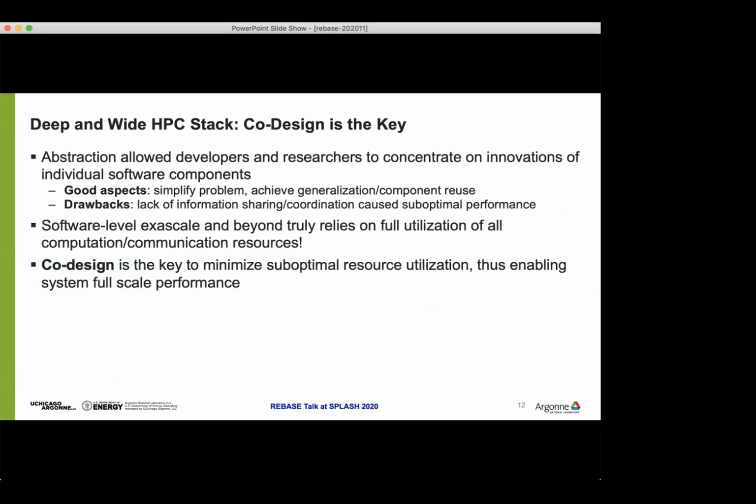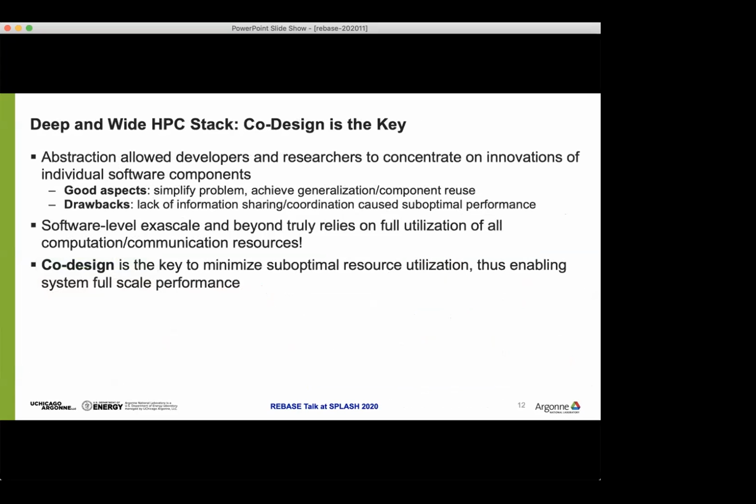So I just posted a few examples of the performance challenges in the deep and wide HPC stack we have observed in the past few years. I have to summarize a little bit: the deep and wide HPC stack is not bad, because we are isolating and abstracting different component functionalities we need to resolve such a complex computational task.